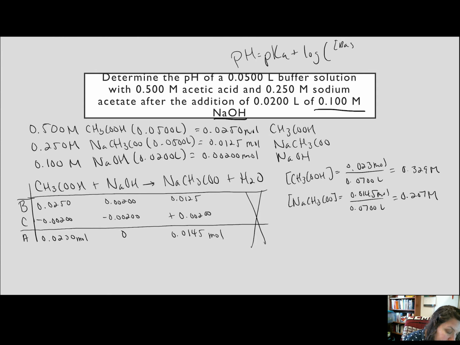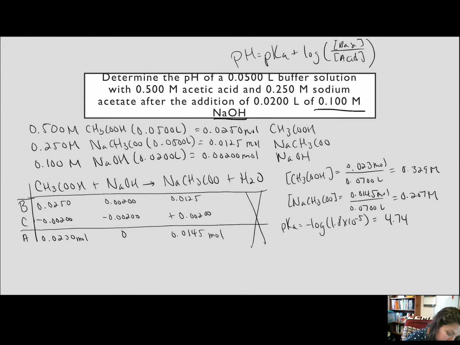We can then put this into our pH is equal to pKa plus log base over acid, our Henderson-Hasselbalch. Our Ka of acetic acid is 1.8 times 10 to the negative 5, so our pKa for that would be equal to 4.74.